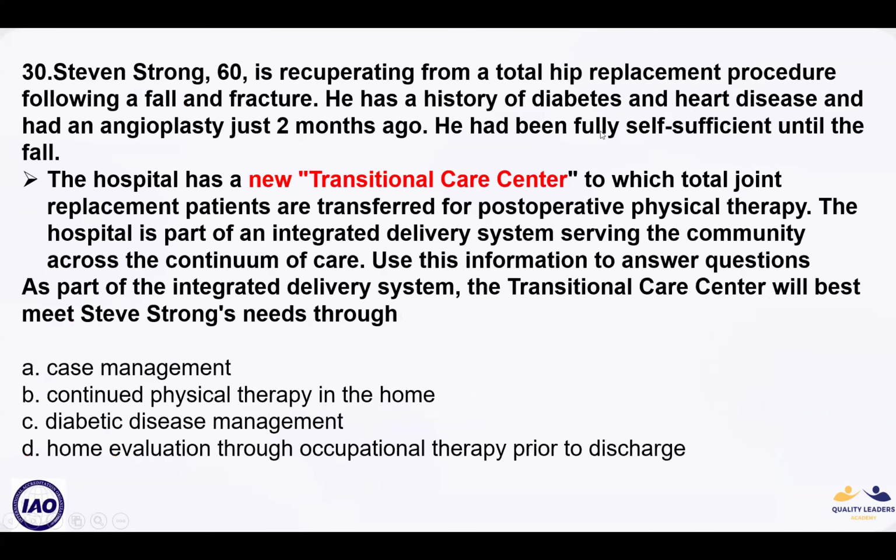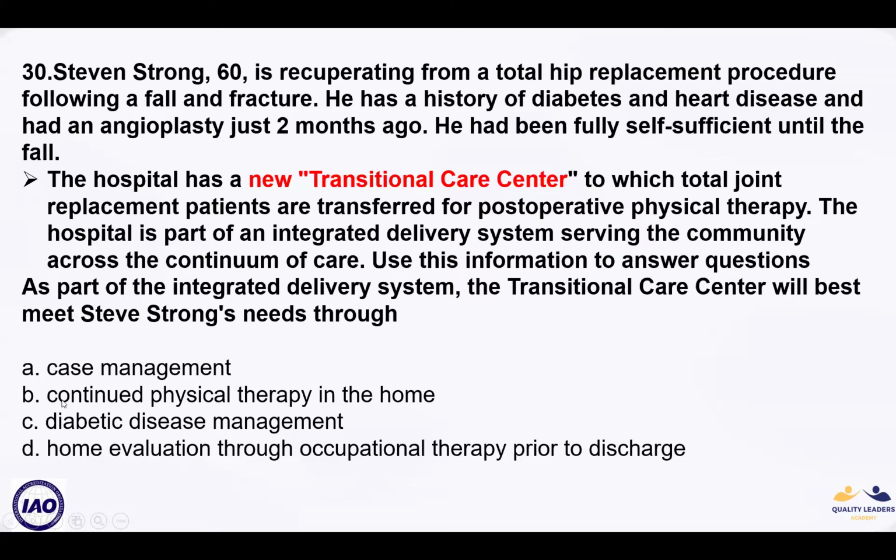Now, the same scenario, but here it's asking, he has a history of diabetes, of heart disease, undergone angioplasty 2 months ago. And here, the hospital has new transitional care center to which total joint replacement patients are transferred post-operatively. Use this information. And as part of integrated delivery system, the transitional care center will best meet Steve Strong's needs through what?